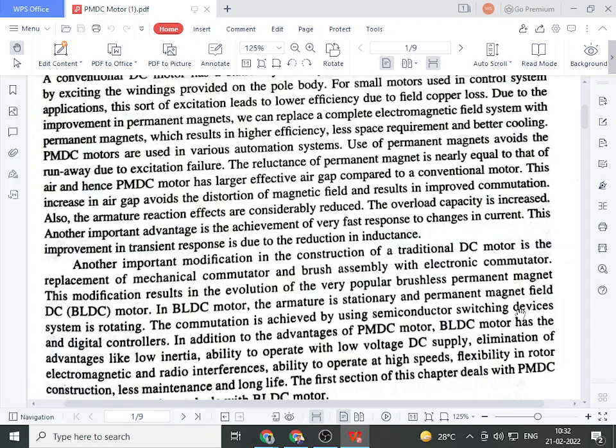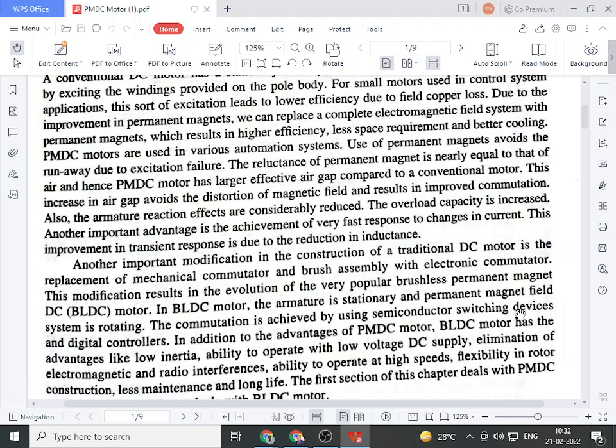In simple terms, the commutator acts as a mechanical rectifier. Whenever a commutator exists inside the conventional DC motor, we require brushes to extract current from the commutator during generating mode and to supply current to the commutator during motoring mode. So there is always a commutator and brush arrangement inside the conventional DC motor, and that leads to a certain amount of power loss inside the machine.